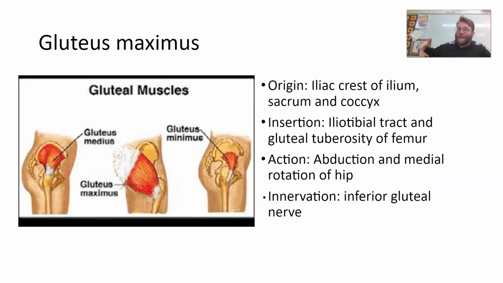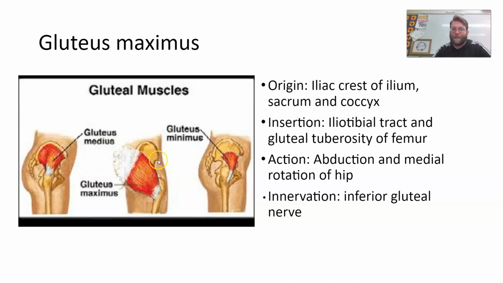When we're talking about the gluteus maximus, in the cat, it's not that big, right? But in humans, it's our largest one. It's like our butt. Right? That's what you see when you see the gluteal muscle. And so for the gluteus maximus, it's going to originate on the iliac crest of the ilium and actually go down the sacrum and the coccyx. It runs down this posterior side of the hip.